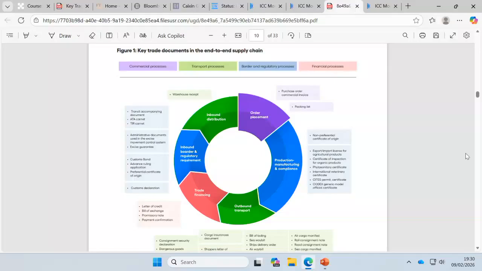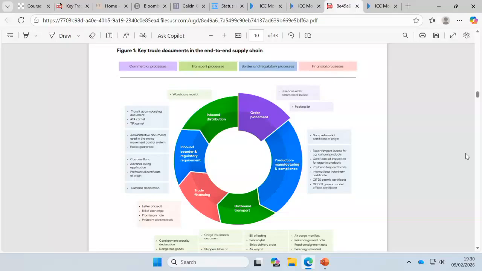So if you look at this piece, purple commercial processes, green transport processes, blue border and regulatory processes, and red financing processes.